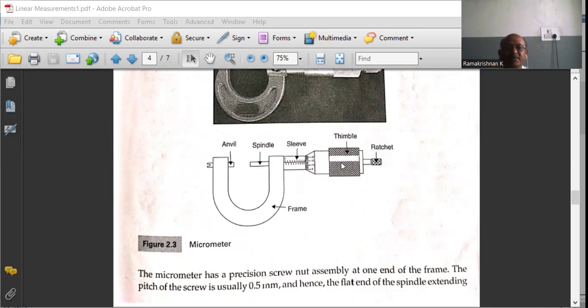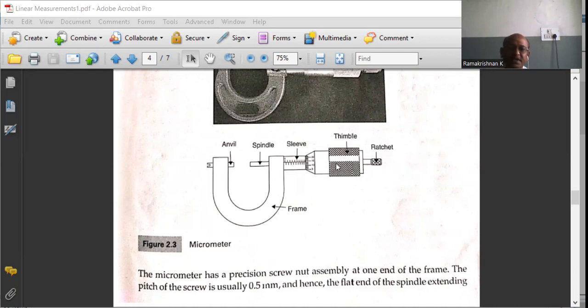Whenever we rotate the thimble, the screw rod also rotates and moves the spindle from left to right or right to left. The barrel consists of scale divisions called the main scale, and the sleeve has scale divisions called the pitch scale.